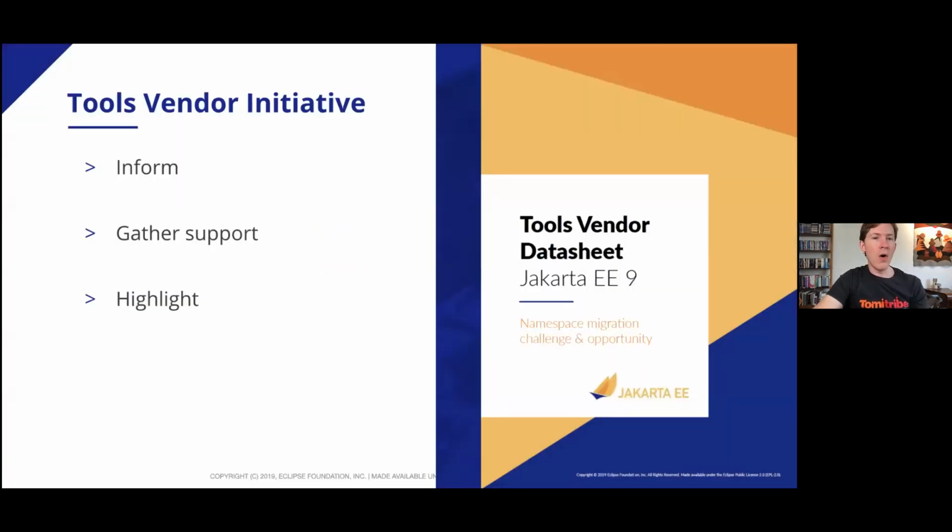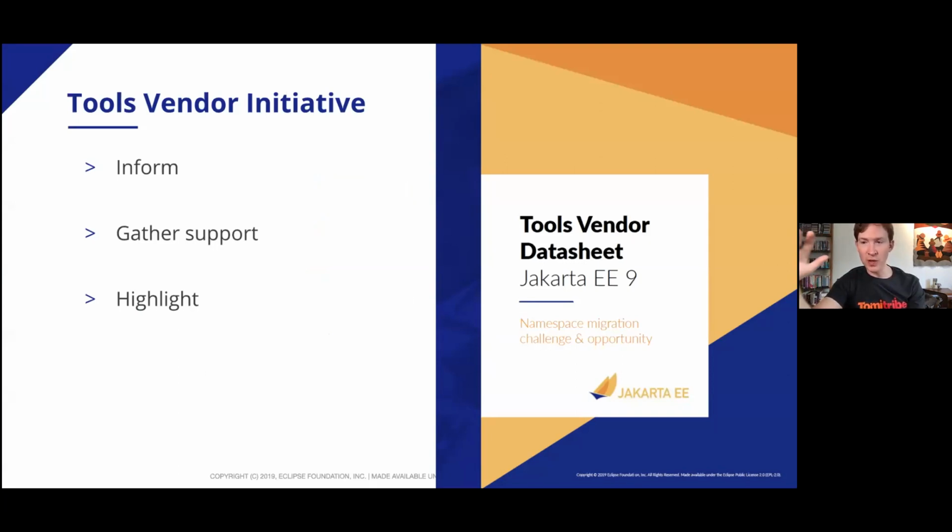So what we've been working on is coming up with a tools vendor initiative. We've made a data sheet that has some information about the release, why it's the perfect window for doing the namespace change. Your product will stop working. This is not a new feature.